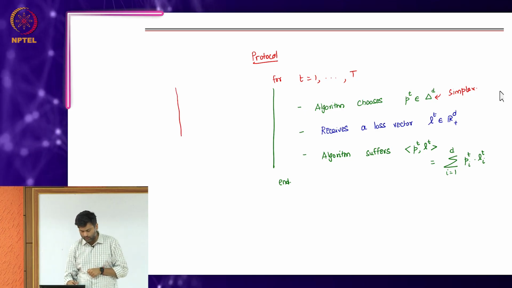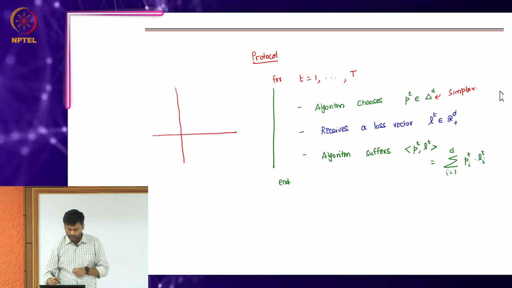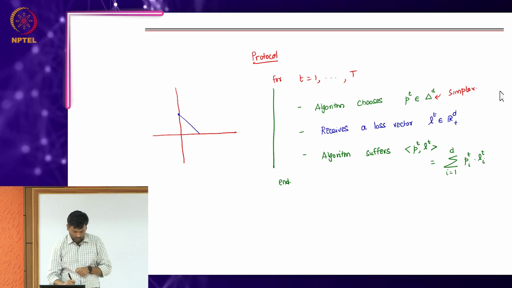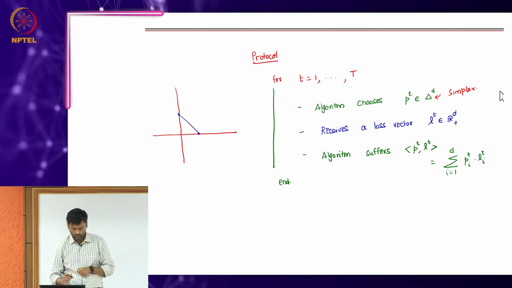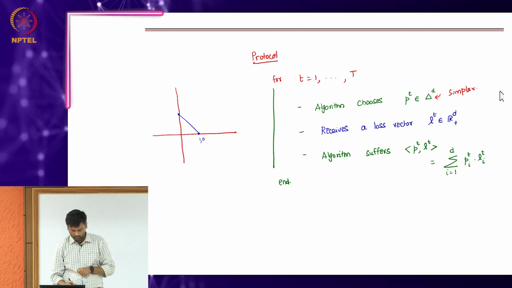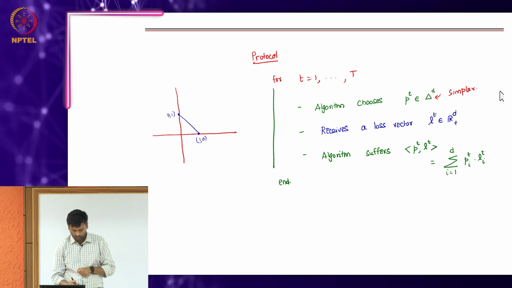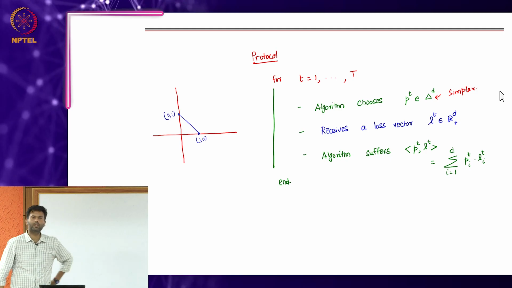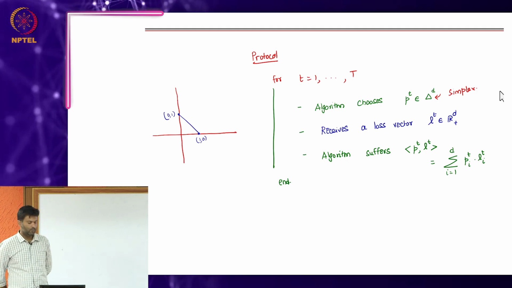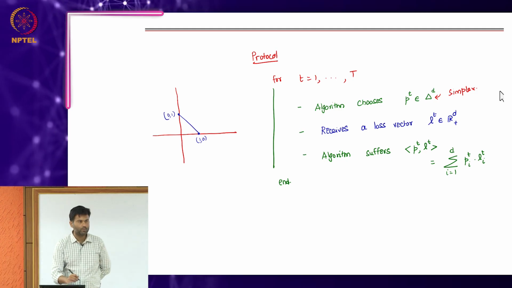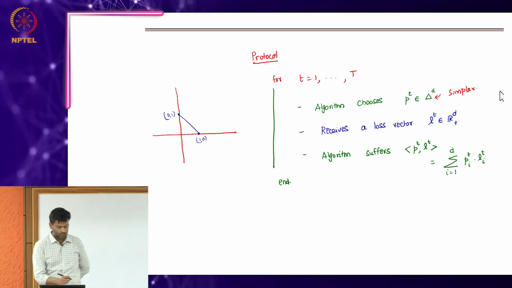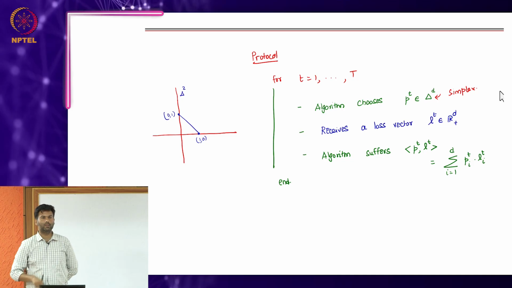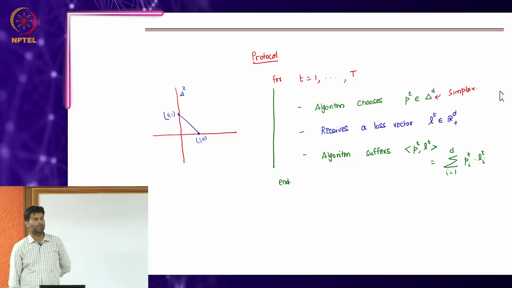So in 2 dimensions, the simplex is just this set. How would you describe this set? What is special about this set? When I say this set, every point on this blue line is what I am calling a simplex in 2 dimensions. What property does every point on this line satisfy?